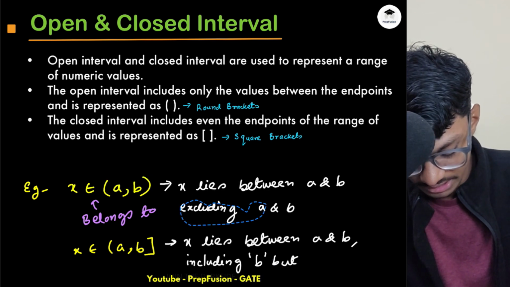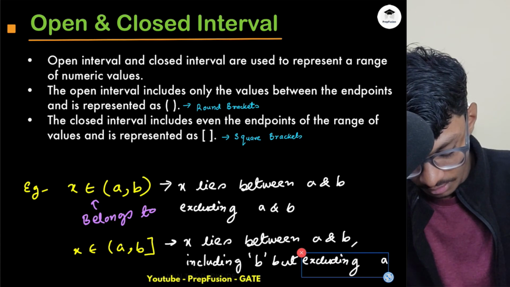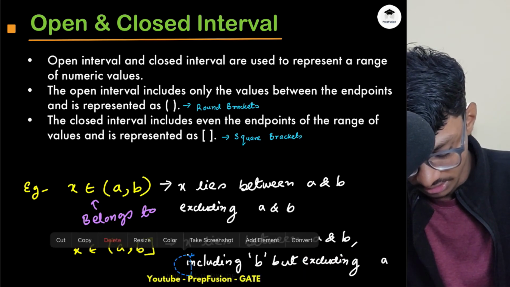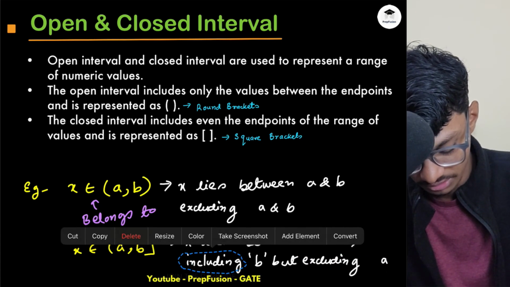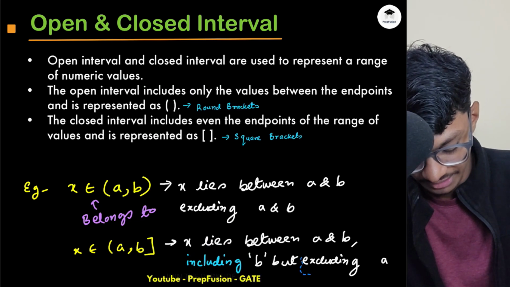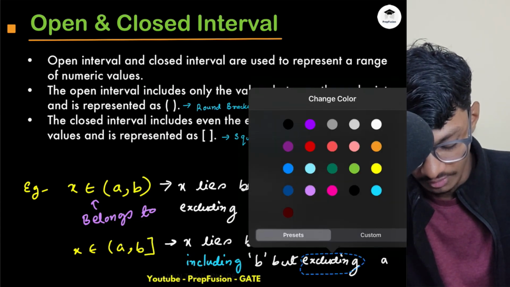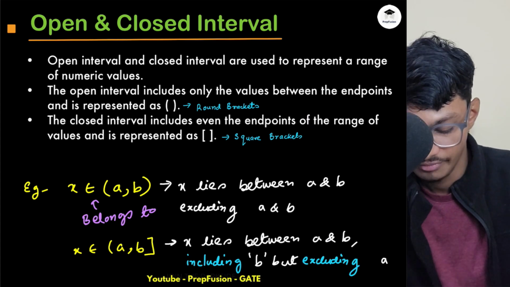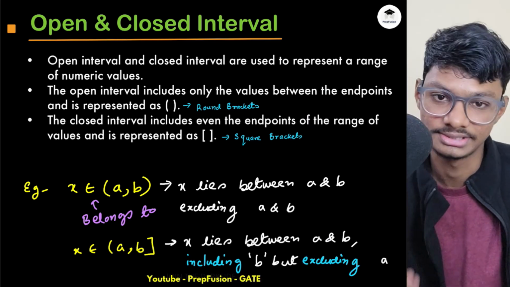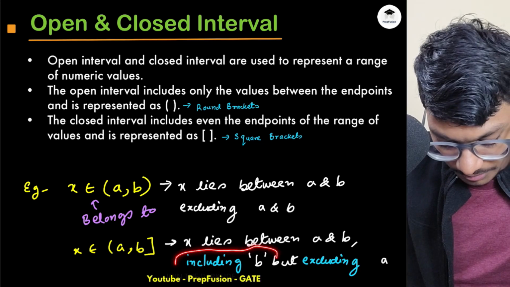These two statements are very important. We know a and b are written, so x lies within the range, but what is included and what is excluded is also very important to understand. So, including b and excluding a.